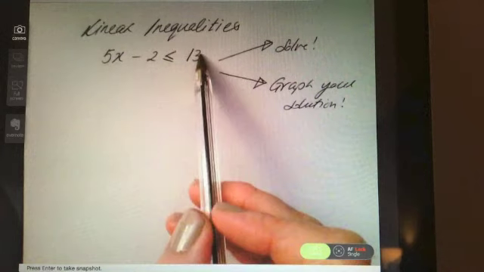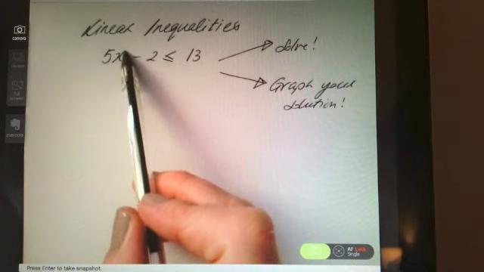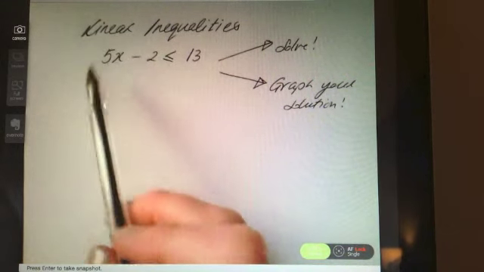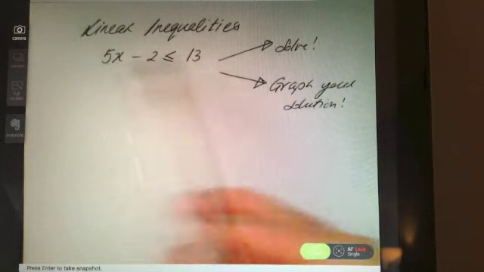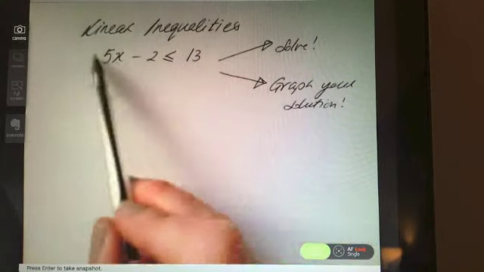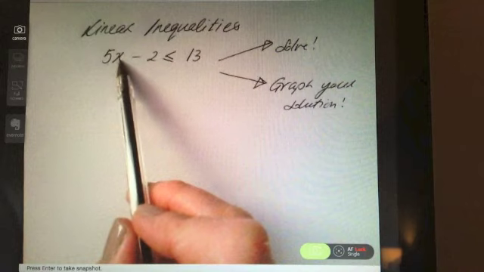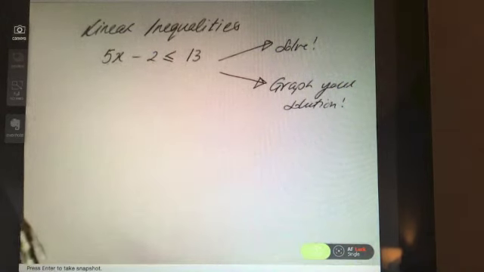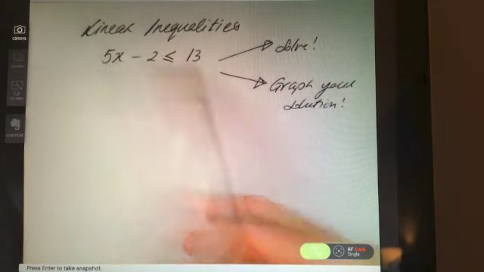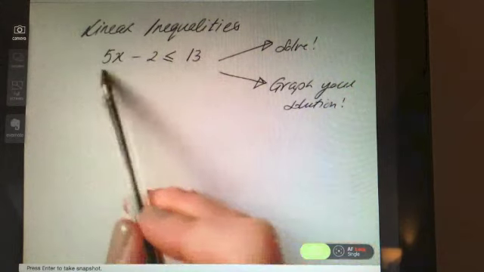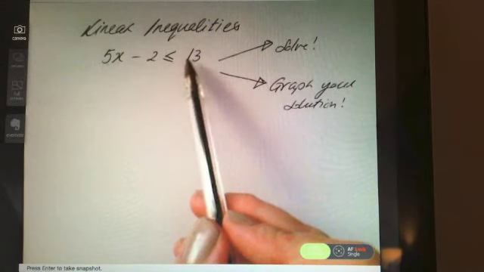The minute you've got a higher power than just a power of 1, it is then a quadratic inequality, perhaps a cubic or whatever. What makes this linear to look at algebraically is there's just a power of 1 with the x, okay?